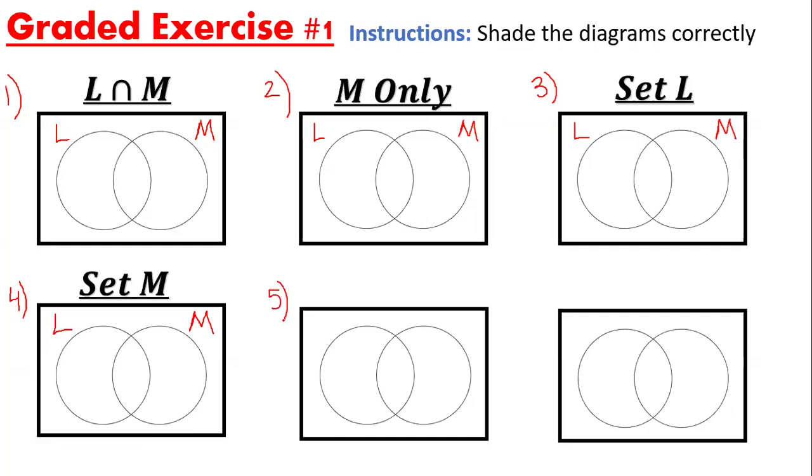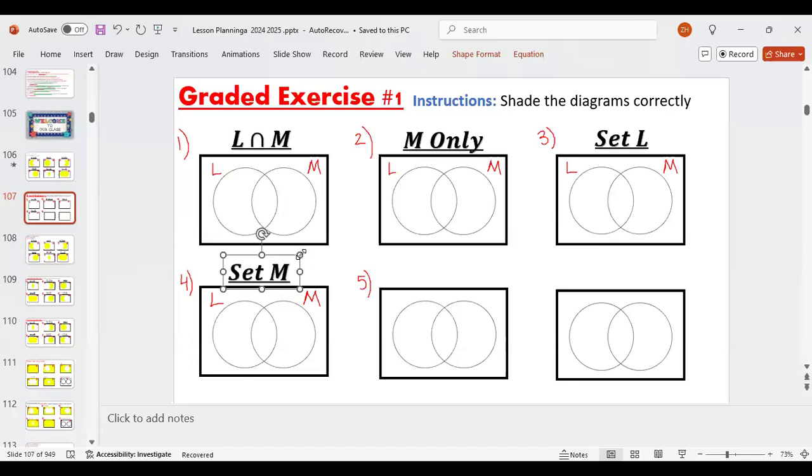What number y'all on? Number 3. Number 5. Number 6. I'm on number 5. Okay, then we have what we haven't done yet. Let's do L only.